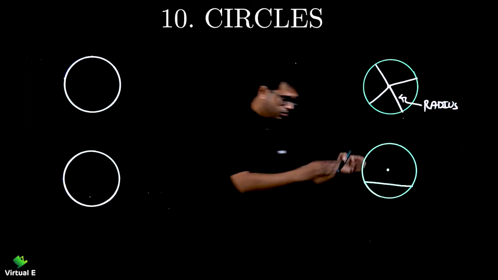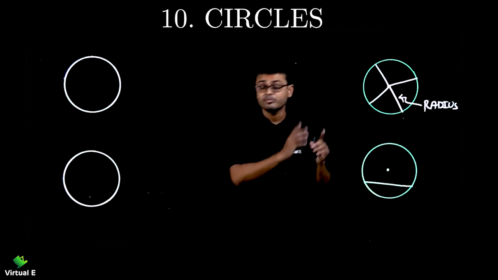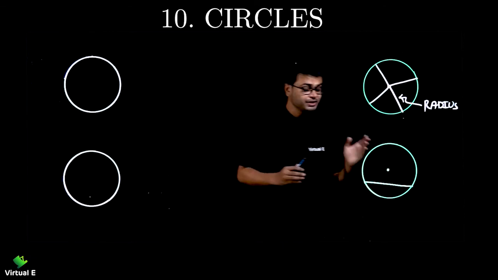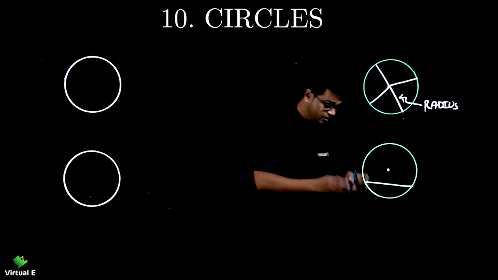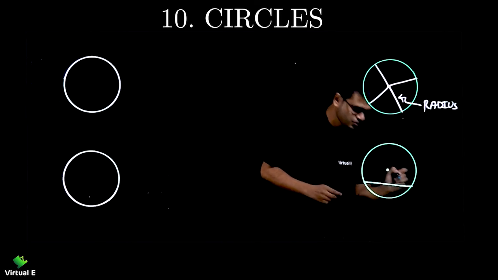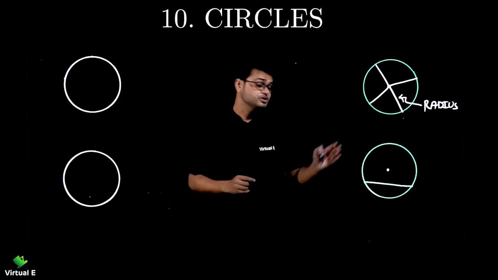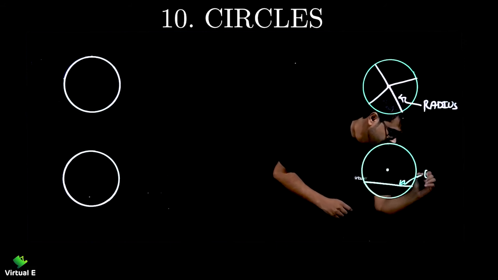It starts on the circle and it ends on the circle. Remember, there is one more term we are going to learn with reference to a line and the circle. But remember, when we talk about the chord, it starts on the circle and ends on the circle, right? Okay, so we know what a chord is. Let's label that it is a chord.